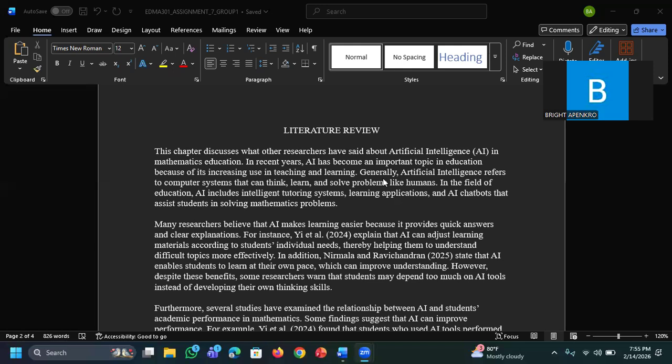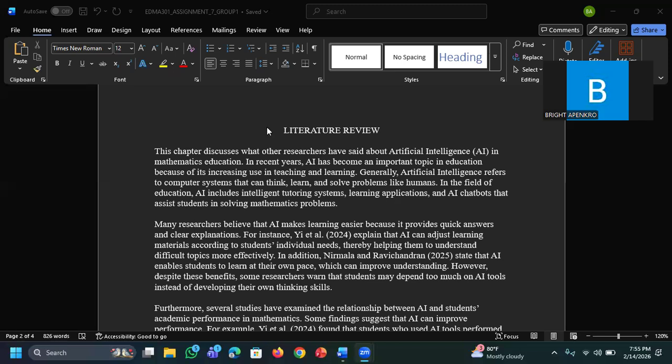Now, bear in mind that people will come up with their research articles, but there might be gaps inside. And as humans, we always try to find solutions. So by doing so, you consider different articles to look at whether you can fill in the gap.